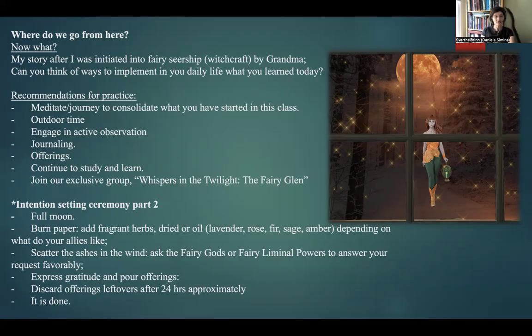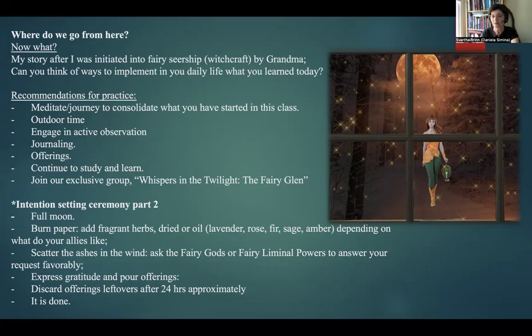So where do we go from here? Well, to give you very briefly my story after I was initiated into fairy seership or fairy witchcraft by grandma. The initiation was a very simple thing. We did some chanting together, and that happened quite spontaneously, so there wasn't anything planned. It just happened. I was trying to perform a ritual, hiding, all by myself.